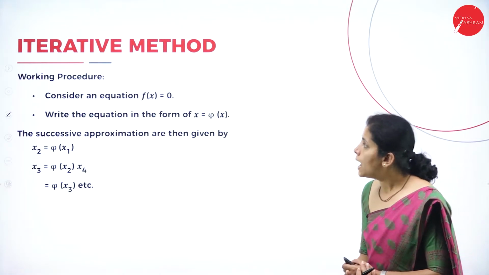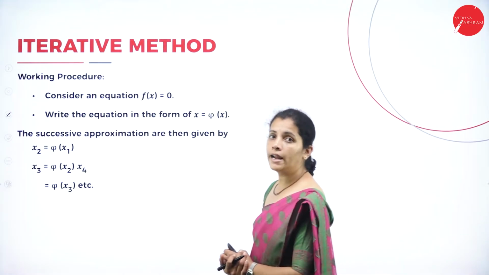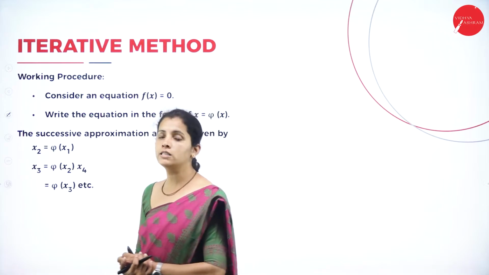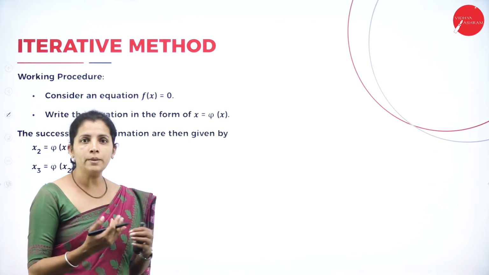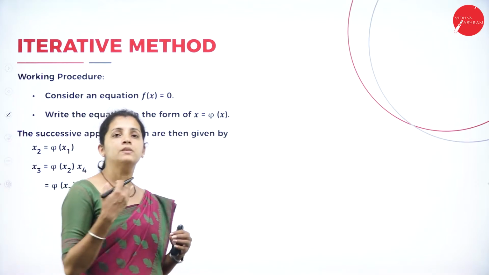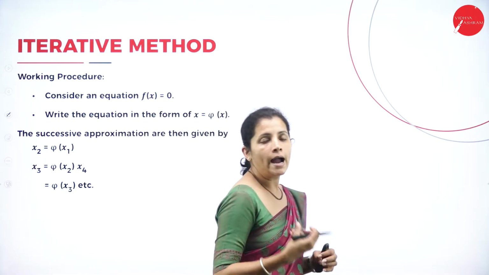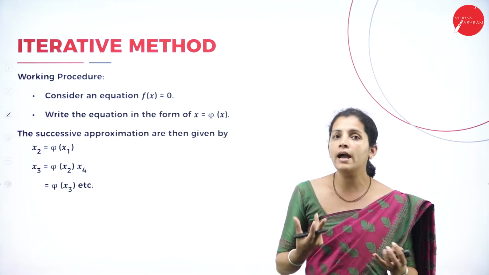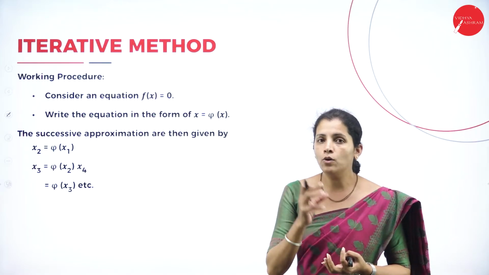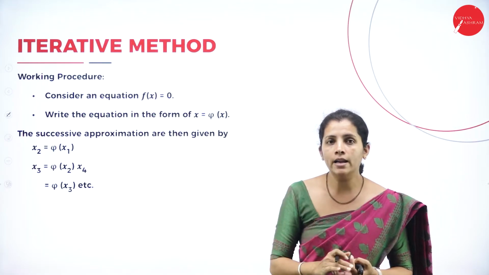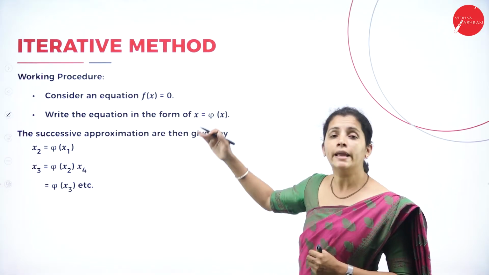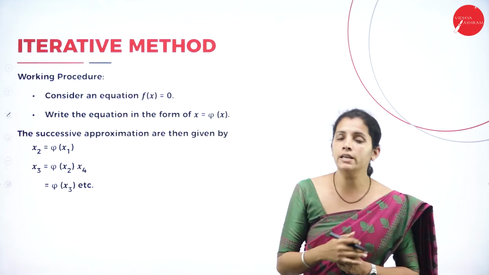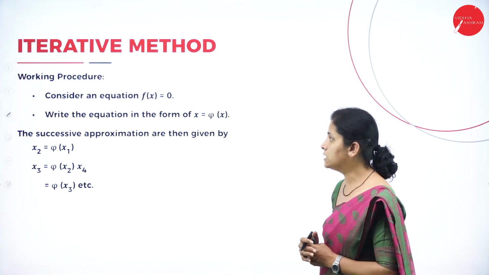Now, I'm going to have the iterative method. So, what is iteration? I'm going to repeat the same step again and again, and this is one kind of trial and error method. I don't know when and where to stop, but I'm trying to get the solution by using the trial and error method.